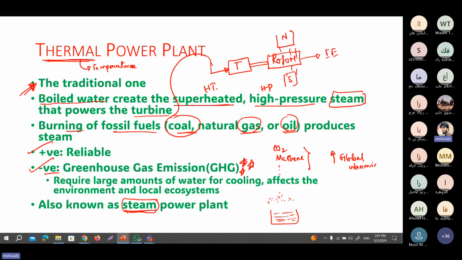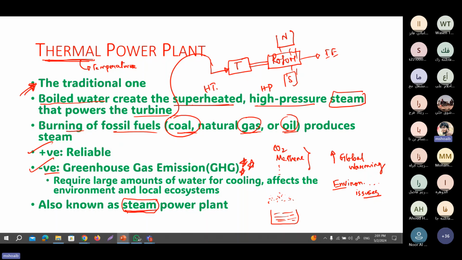Because of burning fossil fuels, we emit a large amount of greenhouse gas into nature, and this creates environmental issues. This is the biggest concern about this type of thermal power plant. But still, this is the most used power plant in the world currently, and the traditional one.